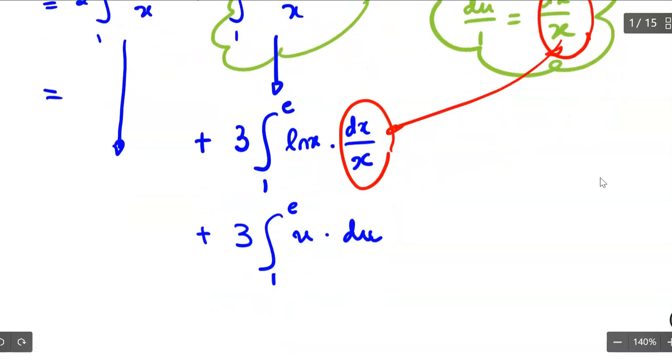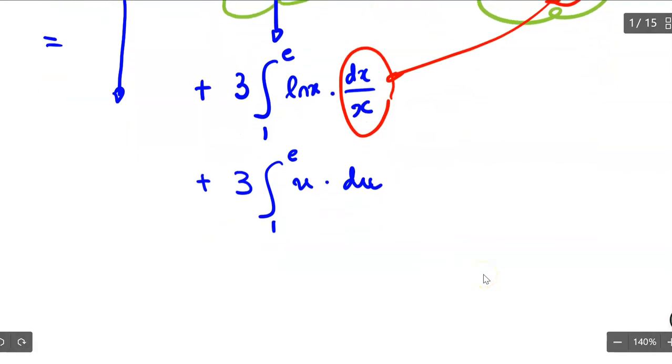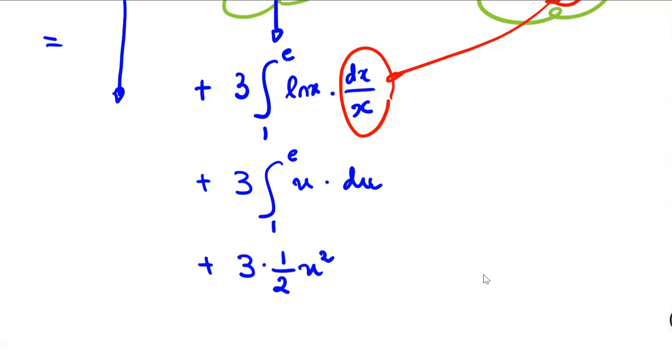Right? Okay, so what is the integral of u du? You add 1 to the exponent, you divide it by the result. So in this case, you should have 3 times a half of u squared, plus c.